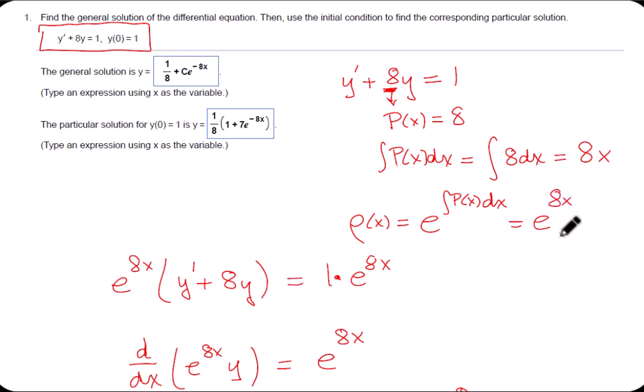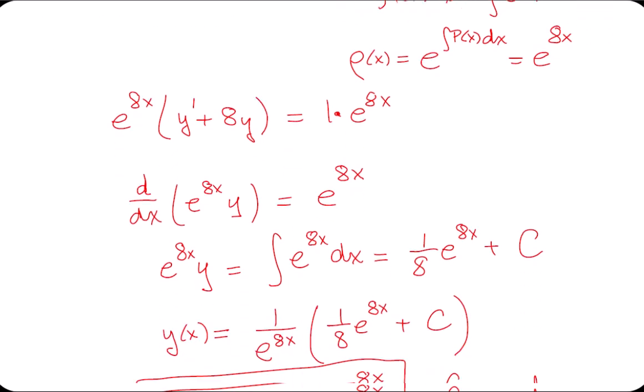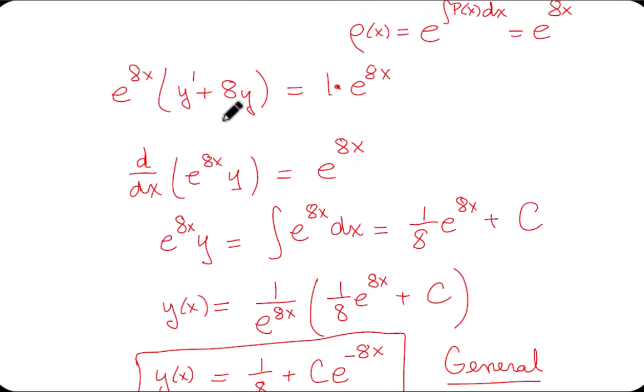I take my integrating factor and multiply it by both sides of the differential equation. The left side becomes the derivative of the integrating factor times y. To get rid of the derivative, we integrate both sides. If I integrate the left, I get e to the 8x times y.